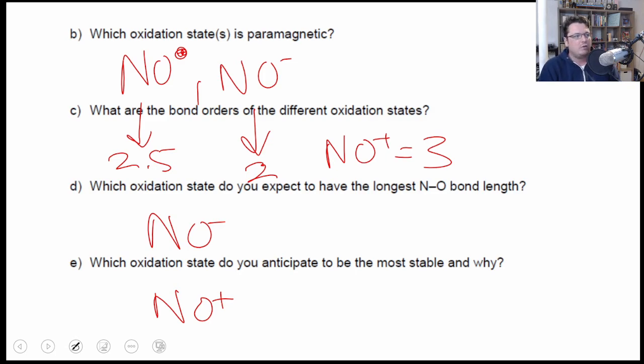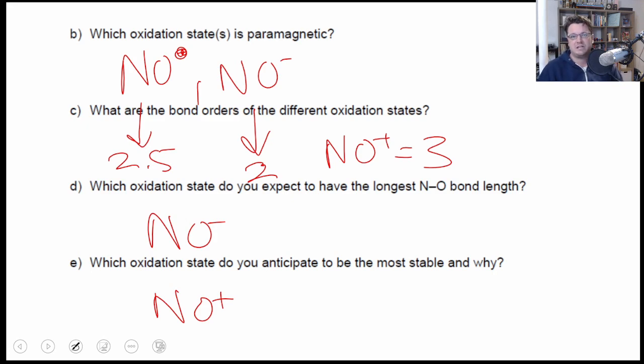NO gas is a gas, but it's pretty unstable. It's super reactive because it has that unpaired electron. Same thing with NO minus. It wants to neutralize those anti-bonding electrons. Whereas in the case of NO plus, you can buy that as a salt. I mean, you can still do reactions with it, but a lot of the reactions with NO plus don't really have much to do with the electrons per se.